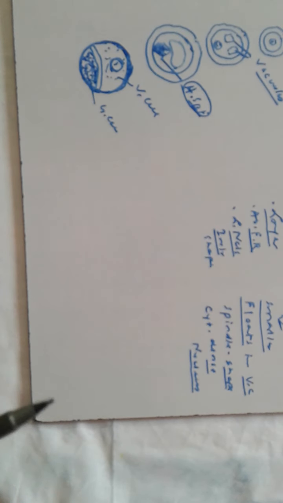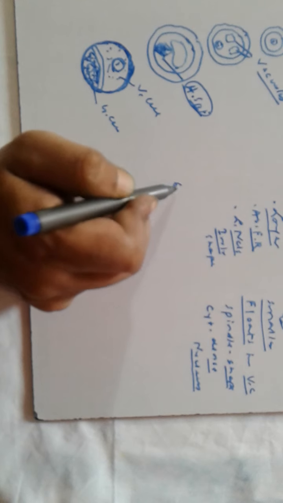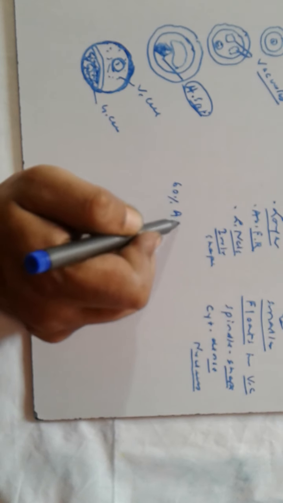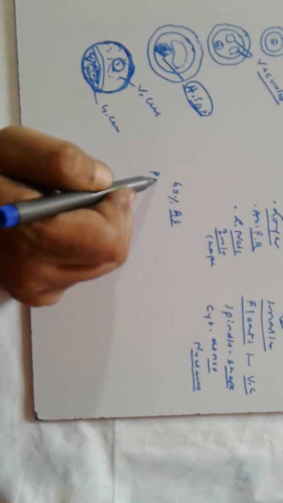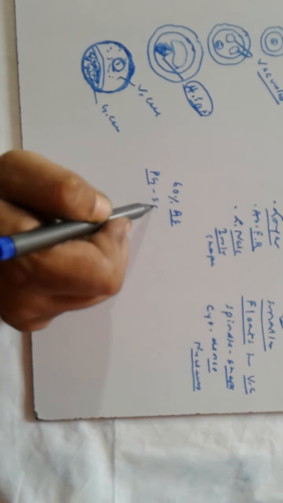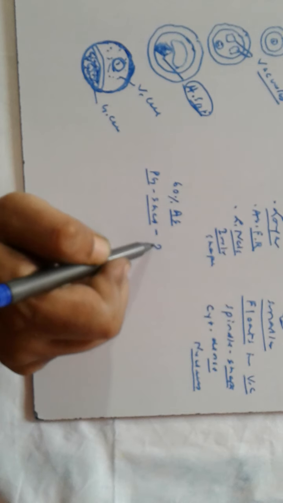In 60% of angiosperms, pollen grains are shed at this two-celled stage.